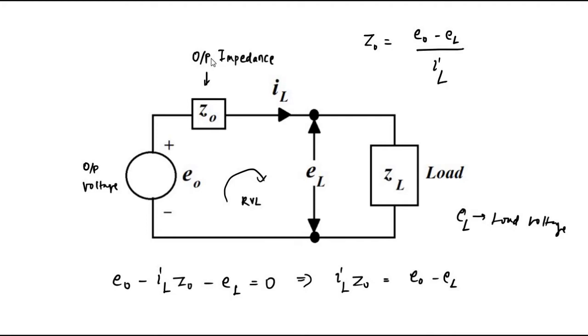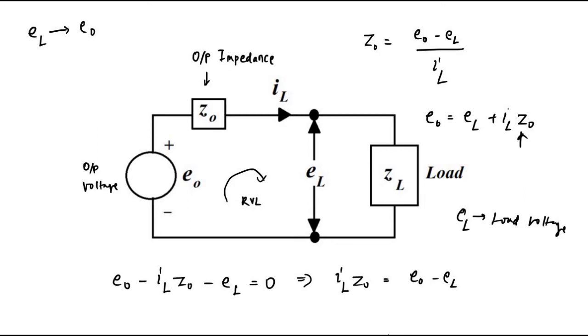What we want is that the load voltage should be as close as possible to the output voltage. But actually, E0 is equal to EL plus IL Z0. This IL Z0 is the voltage drop across the output impedance.